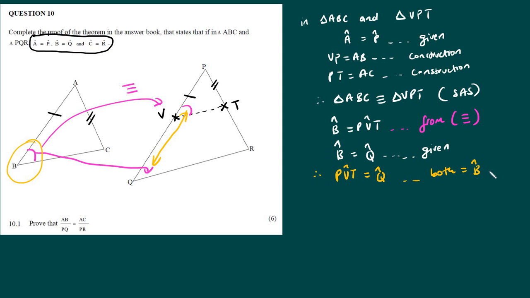Then because of this, you say therefore this implies that VT is parallel to QR. Why? The corresponding angles are equal. Okay, so it means this is parallel to that.